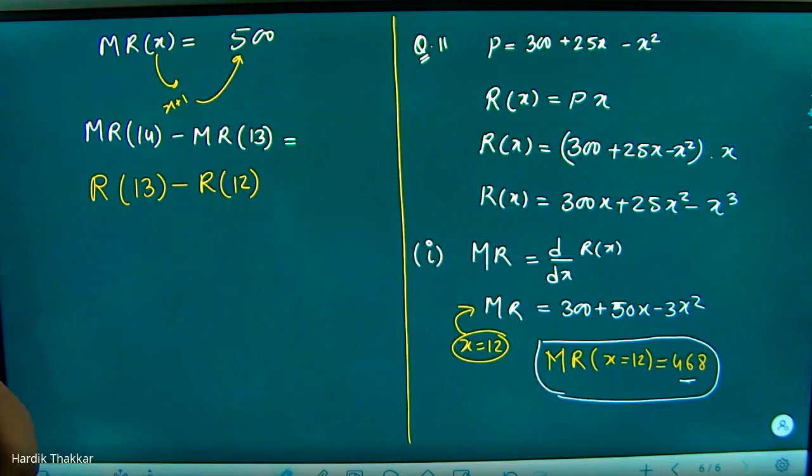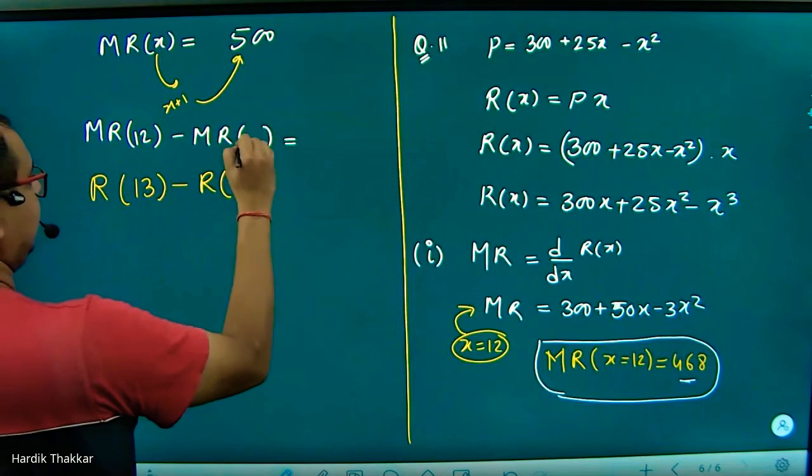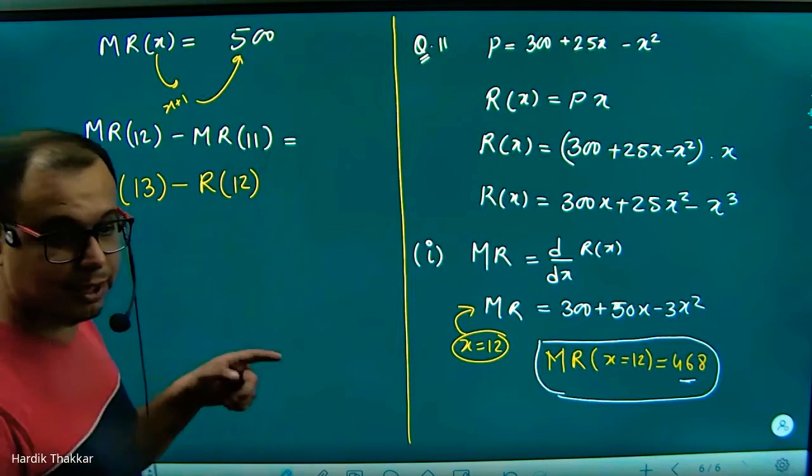Revenue is equal to P into x, so directly we can put our values there for 13 and 12, in 300x plus 25x square minus x cube.